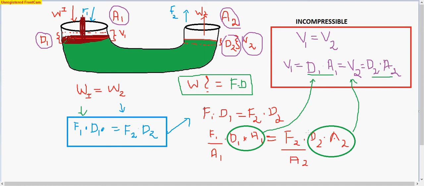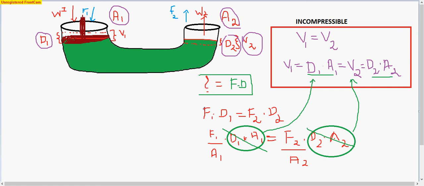Therefore we can cancel out these two, right? Now I need some space, so let me clear this equation out.